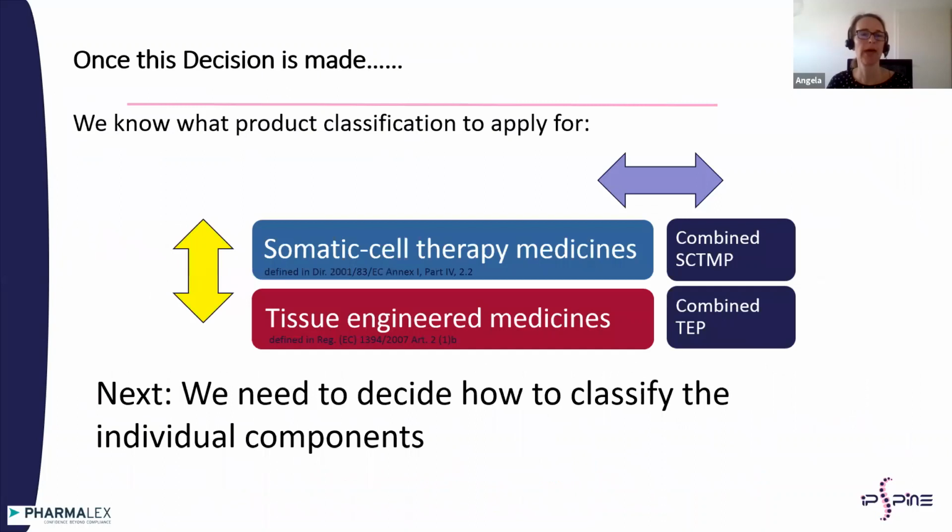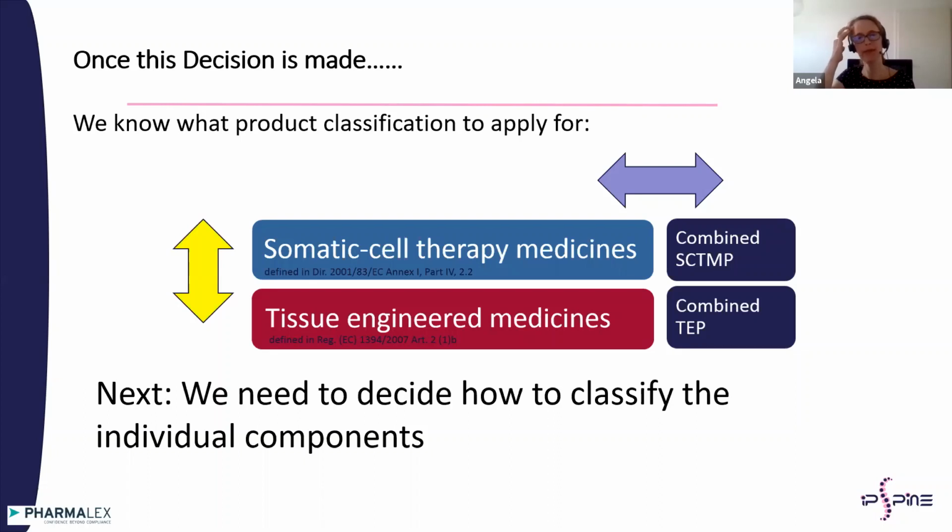So now finally, we have made our decision. Once we have answered all these questions, we have this distinction between somatic and tissue engineered medicine, which will probably be a decision mostly made by the cell people, who will look at the primary function of the product, whether it is more instructive or predominantly in the repairing tissue forming area.